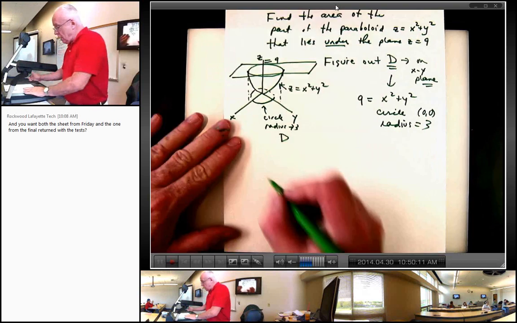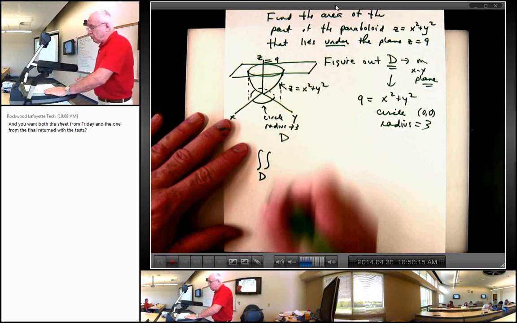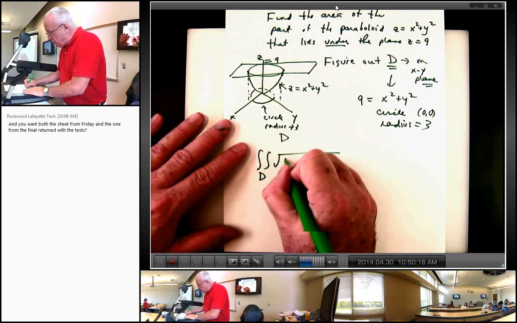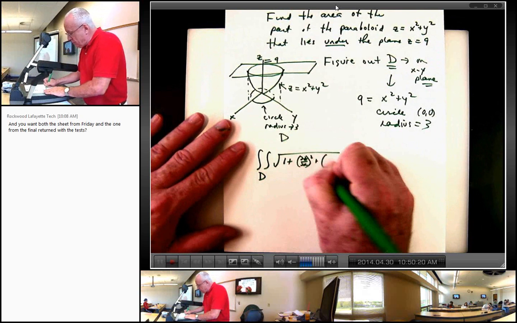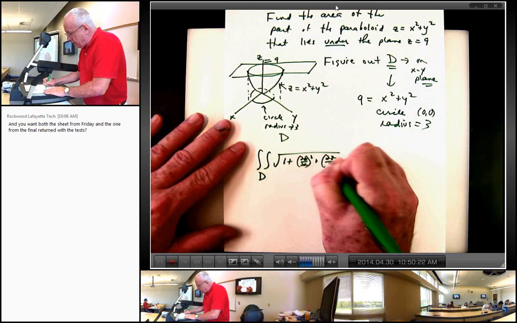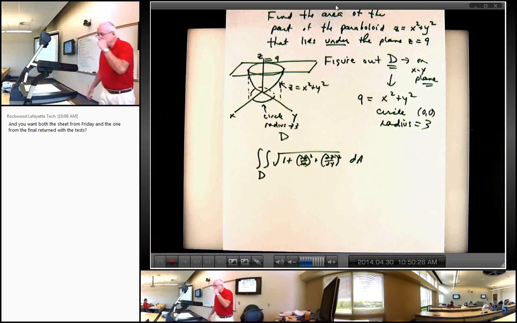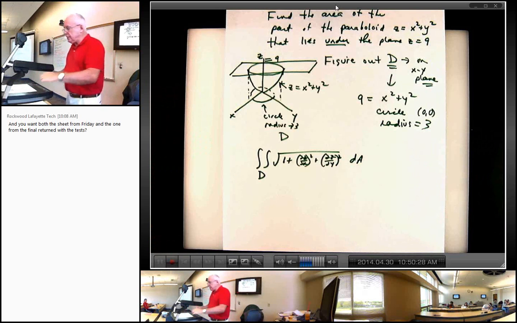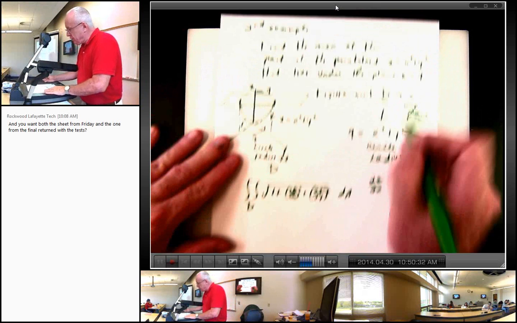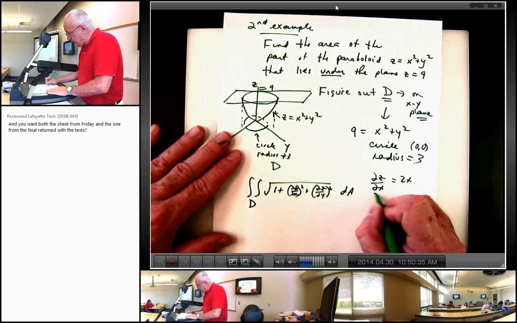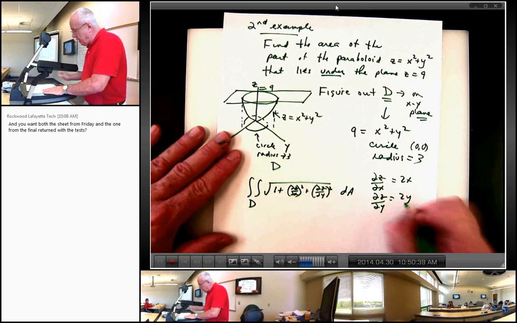Okay. So, here's our general formula: the double integral over D of the square root of 1 plus dz/dx squared plus dz/dy squared dA. We haven't figured out dz/dx, but that's easy. dz/dx here is going to be 2x, and dz/dy is going to be 2y.